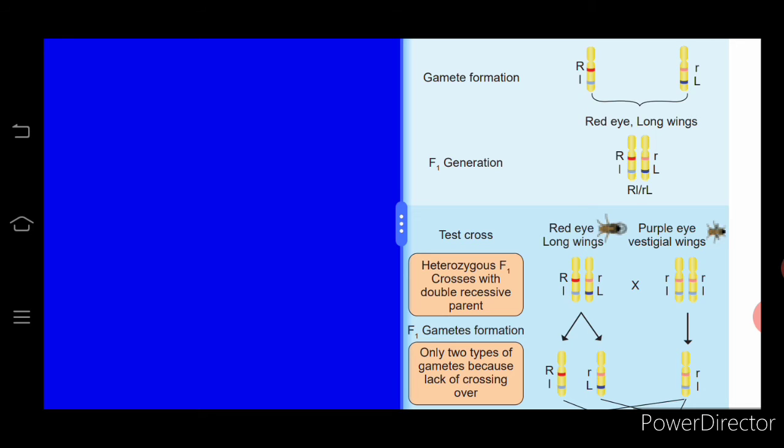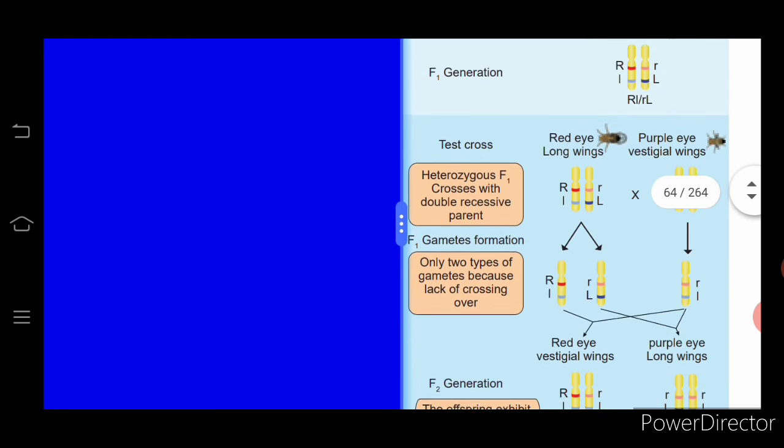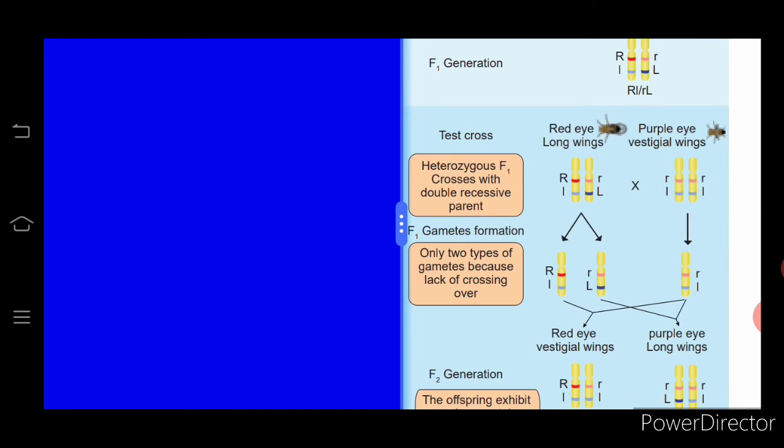How is this expressed when they did the test cross? As you know, what is a test cross? The heterozygous F1 is crossed with the double recessive parent. That is what a test cross is.